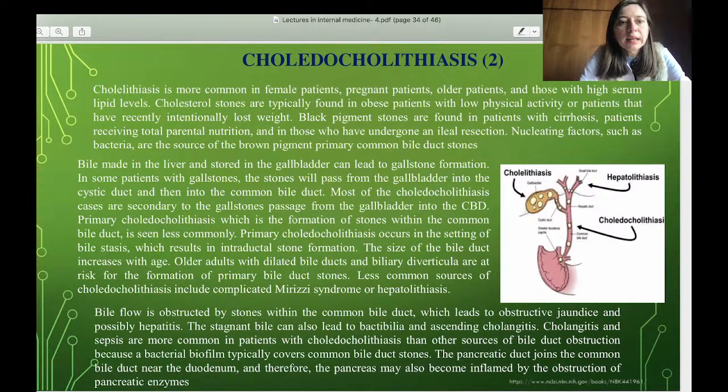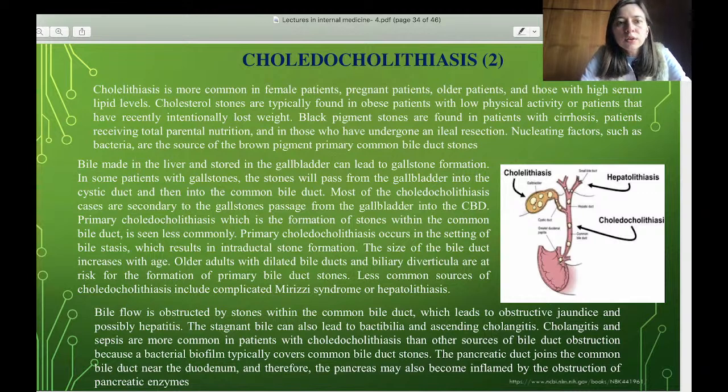Bile made in the liver and stored in the gallbladder can lead to gallstone formation. In some patients with gallstones, the stones will pass from the gallbladder into the cystic duct and then into the common bile duct. Most cases of choledocholithiasis are secondary to the gallstones' passage from the gallbladder into the common bile duct.